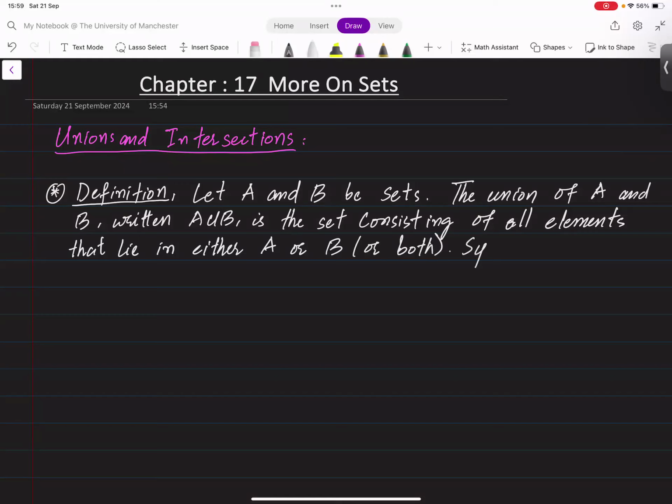And we can write this symbolically as follows: A union B is a set which has elements X where X is coming from A or X is coming from B. This is the union.